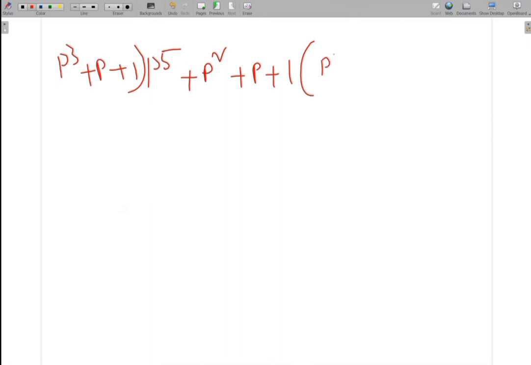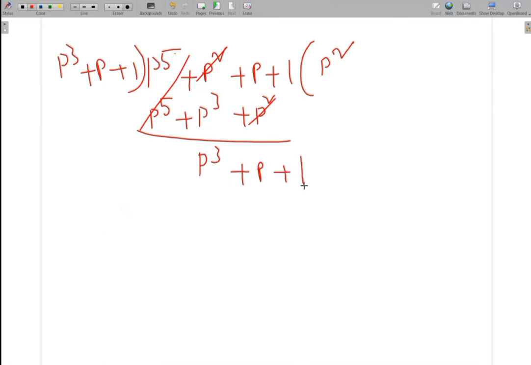Multiply with P square: P cube into P square is P power 5, P square into P cube plus P square. These two are cancelled. These two are cancelled. P cube plus P plus 1. The remainder order and G of P order are same. That means P cube plus P plus 1 is 0.